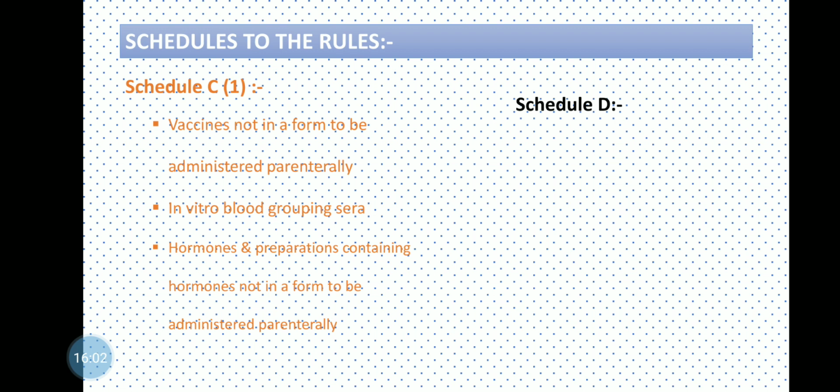For example, if you are importing spices like cardamom, cinnamon, etc., for a non-therapeutic purpose, then the conditions specified under chapter 3 are not applicable. If you are importing milk powder, then conditions specified under chapter 3 are not applicable.